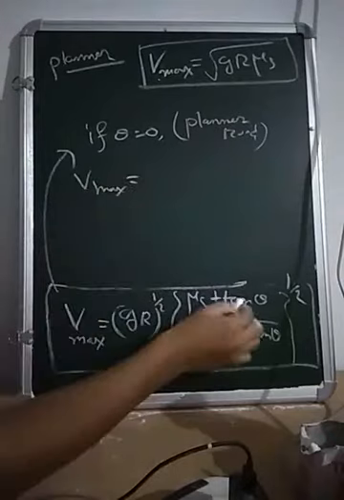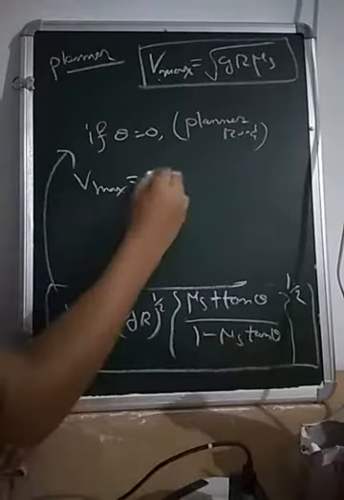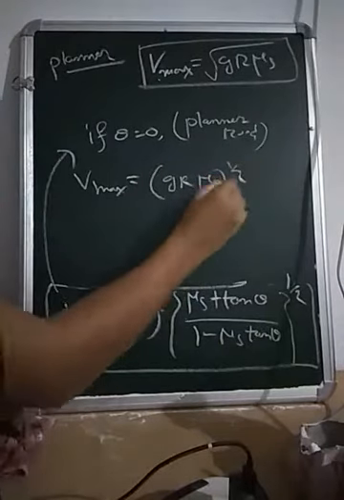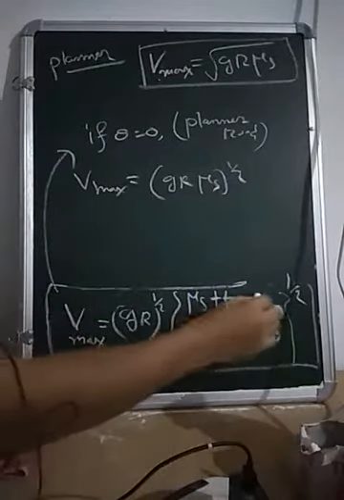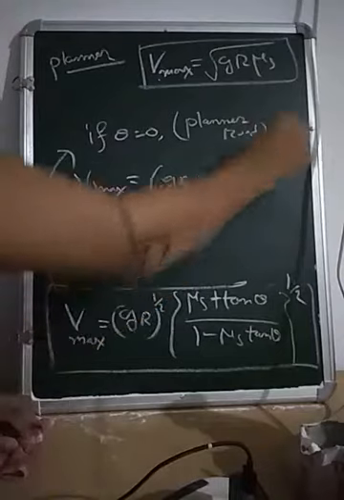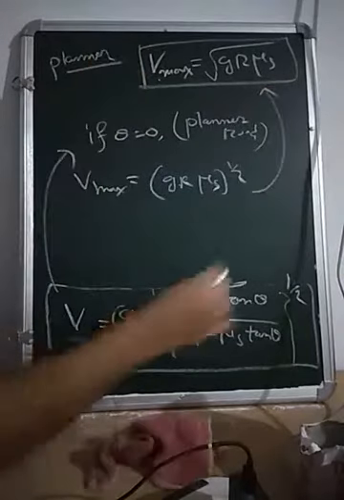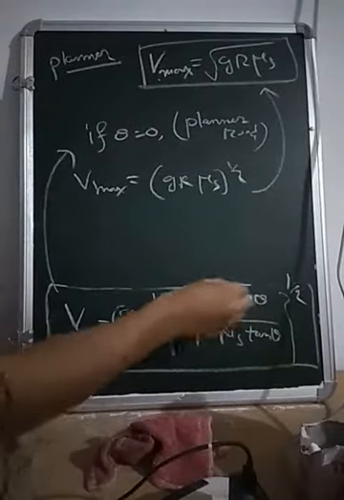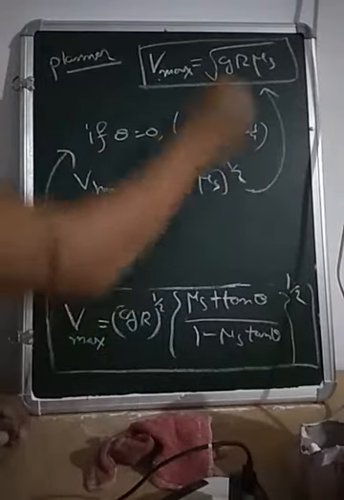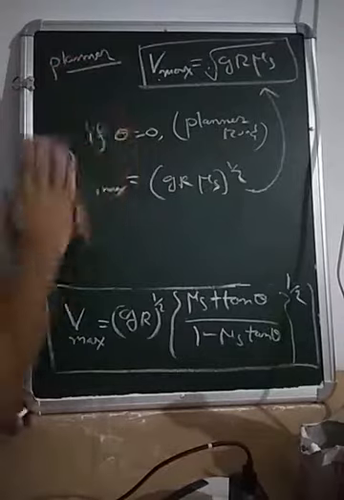Vmax is equal to... tan 0 equals 0, so these two terms will be 0, and it will be (gr mu_s) to the power half. See, when we put theta as 0, then Vmax will be root of mu_s r g, which is similar to this term. So from this expression, if we put 0 in theta, we get the expression for maximum velocity in case of a planar road.